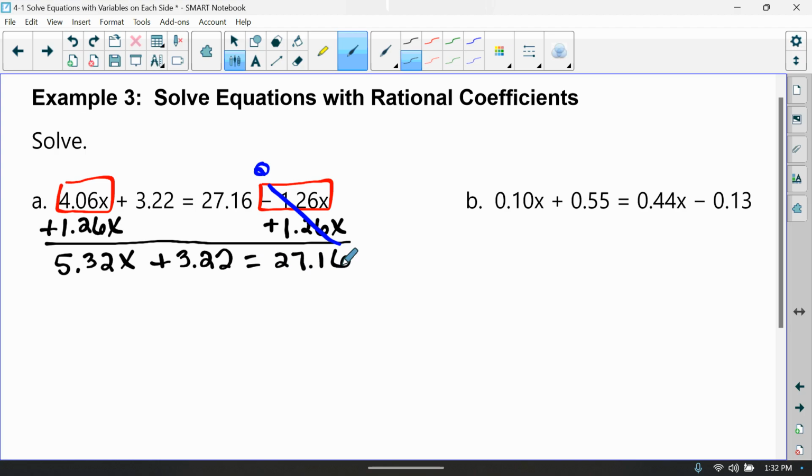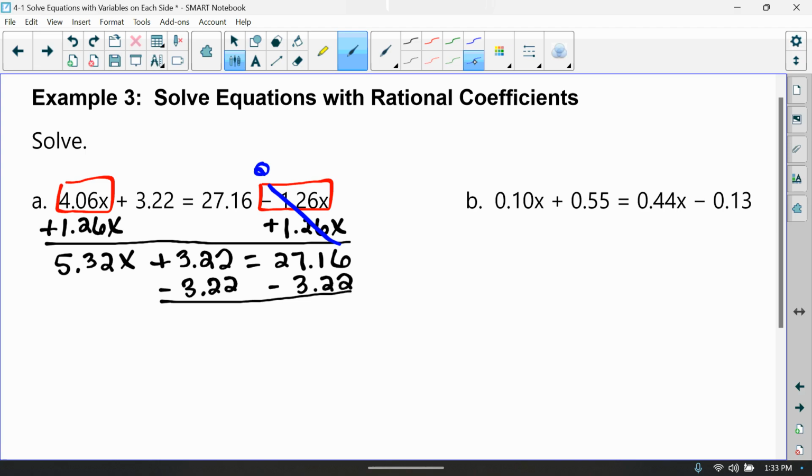Okay? So now it's just a two-step equation. I'm going to cover up my term that includes my variable, and what do I want to get rid of? The 3.22. How do I do that? We are going to subtract. So minus 3.22 on both sides, minus 3.22.